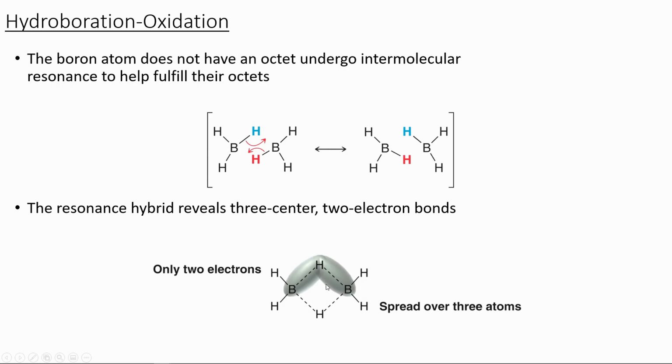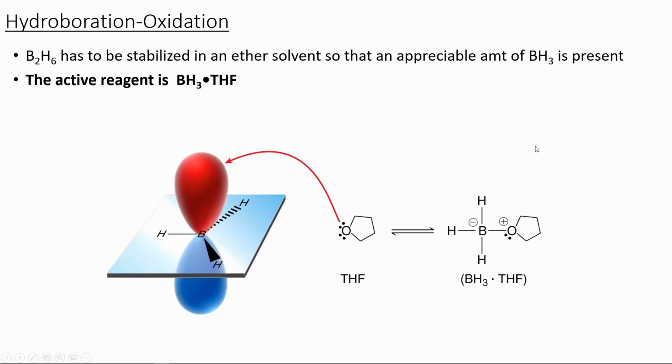So really, it's B2H6 that is generally the active species when it comes to boron, and this allows the boron to have full octets when it has this kind of hybrid species. The p orbital of the boron can be stabilized with the lone pair of the oxygen on the THF solvent. So the active reagent for this reaction is going to be a complex of BH3 and THF.